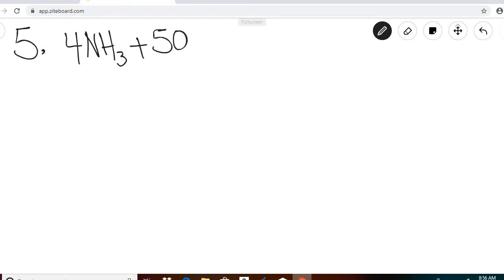Okay, number 5, the last one, is 4 NH3s plus 5 oxygens will give us 4 NOs plus 6 waters.